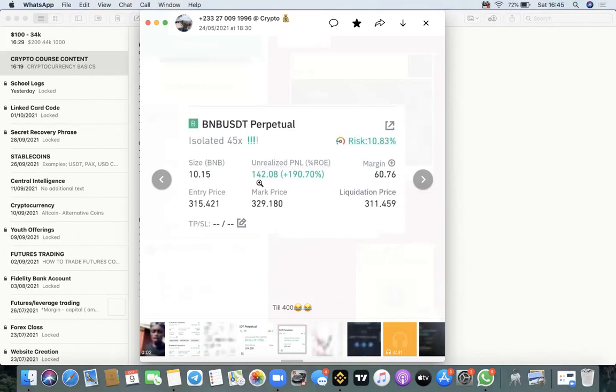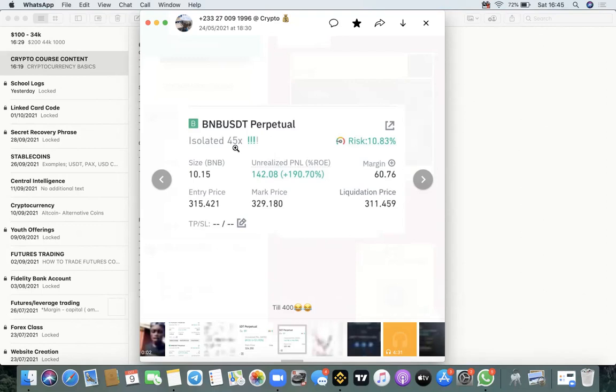Let's check out this 45x that we see here. We talked about leverage. Leverage is like someone lending you money in advance, so you understand. Binance leverage is from 1x to 125x, meaning you can multiply your profit like 45 times or 150 times with your margin.